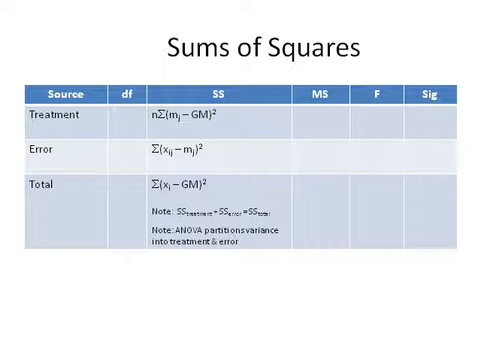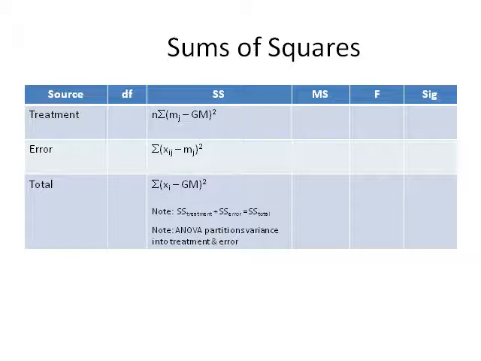For example, we would multiply the number of participants in a single group, here noted with the symbol of small n, times the square of the mean of the experimental group minus the grand mean, or 10 minus 15 squared, and the square of the mean of the standard group minus the grand mean, which is 14 minus 15 squared, and the square of the mean of the no treatment group minus the grand mean, which is 21 minus 15 squared.